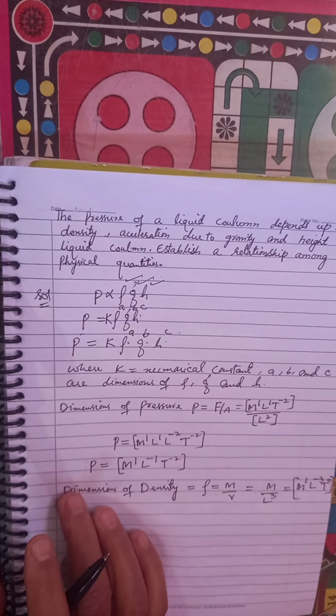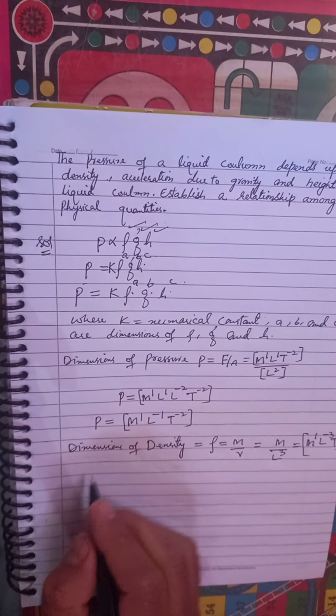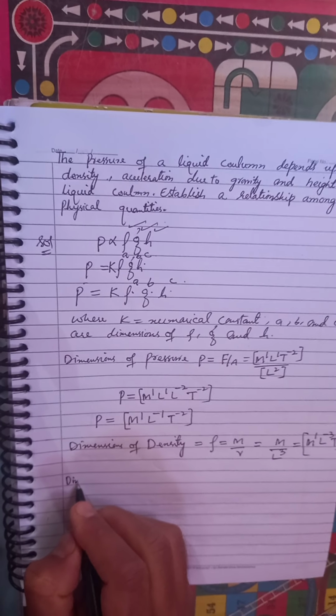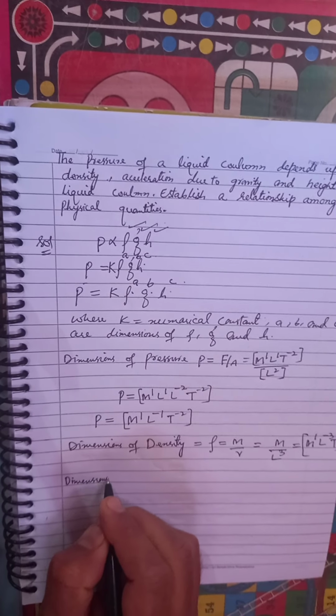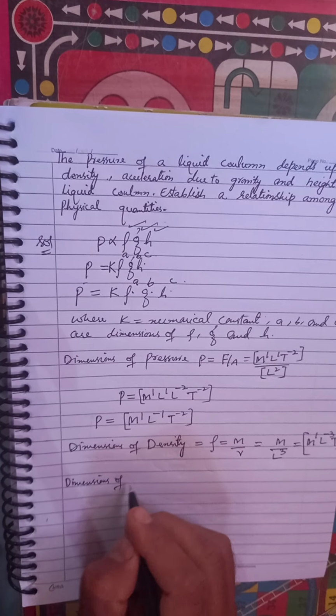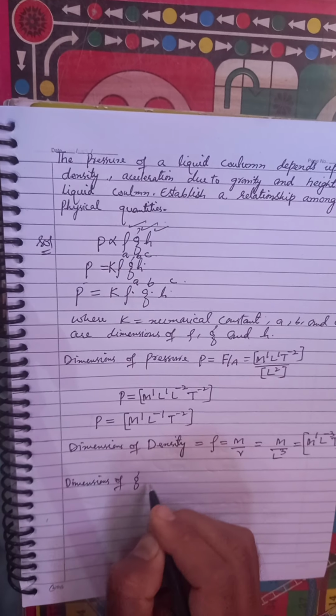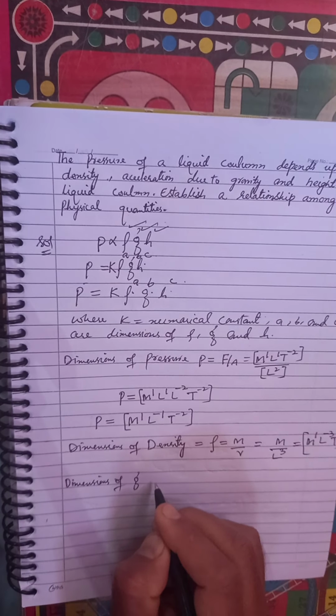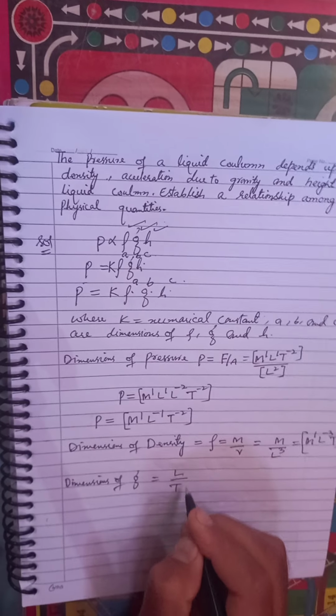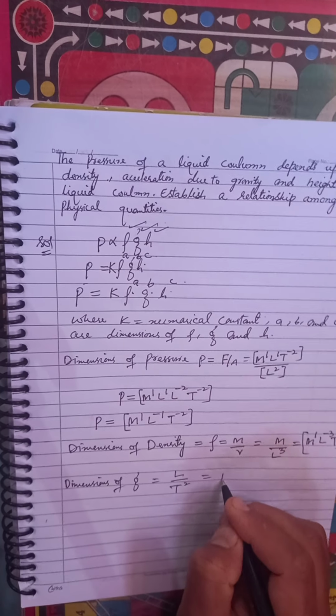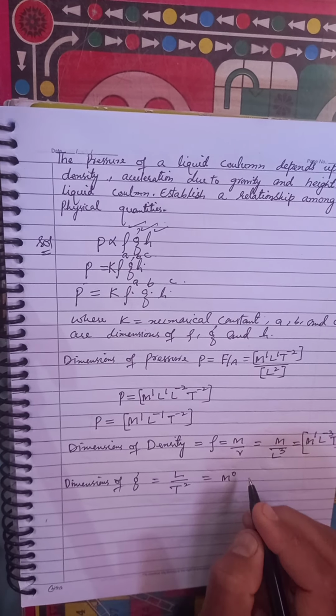Now we have another quantity, acceleration due to gravity. Dimensions of g. We know that acceleration due to gravity means velocity divided by time, or we can write it as L divided by T squared. Mass is absent here, so I will write M^0 L^1 T^-2. These are the dimensions of acceleration due to gravity.